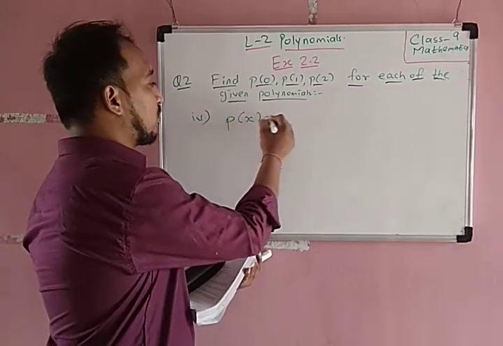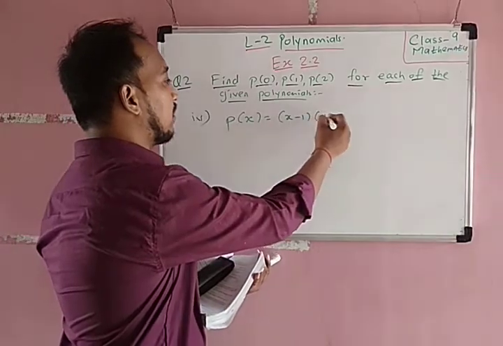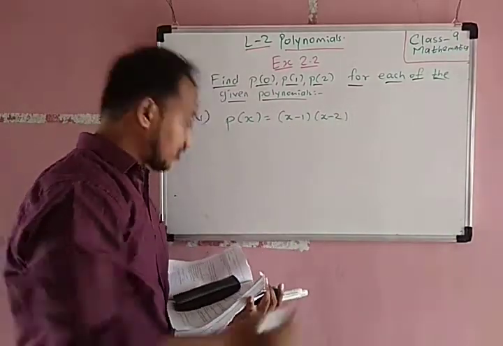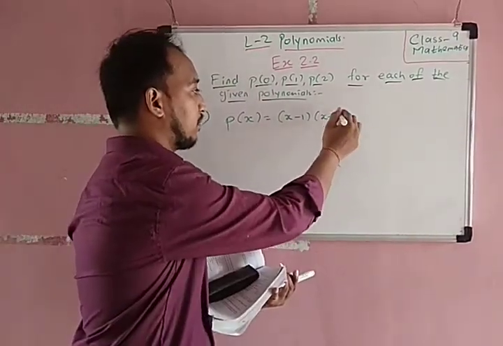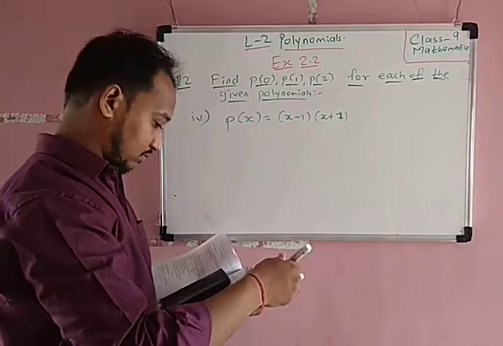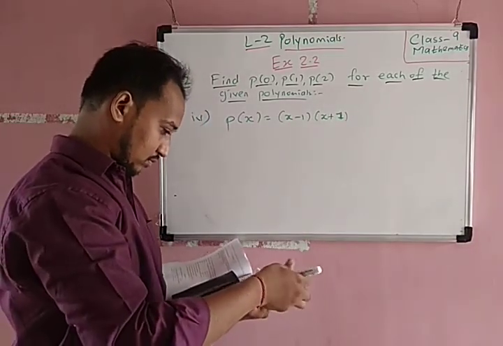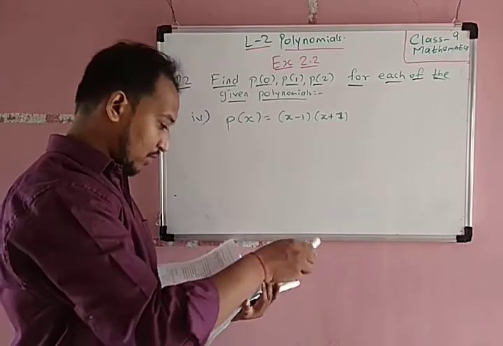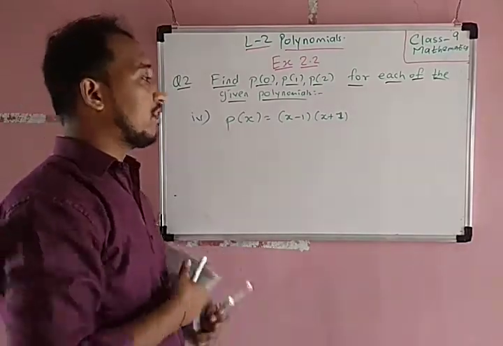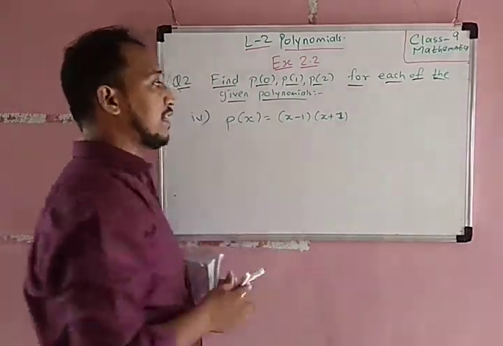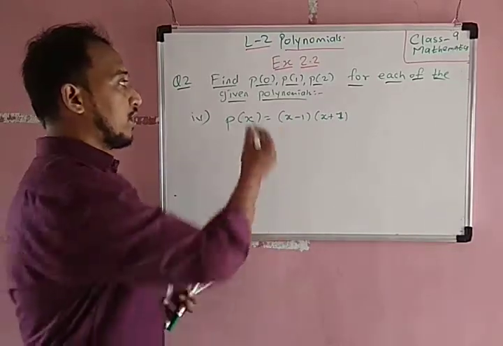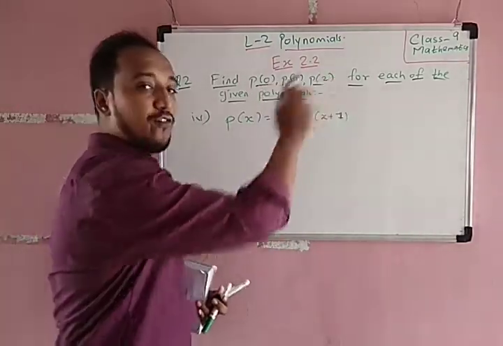P of x equals x minus 1, x minus 2. Sorry, x plus 1. Okay. So now we have p of x as x minus 1 into x plus 1. We have to find for 0, for 1 and for 2.